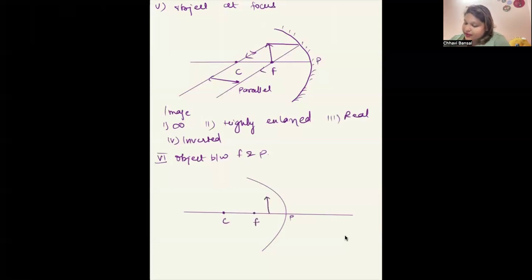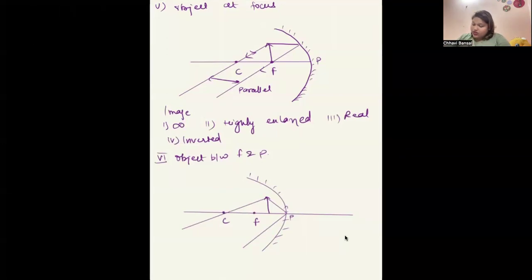Now the object is kept here. Okay. Let's pass a line from the pole itself. Okay. Then a line from the center of curvature.